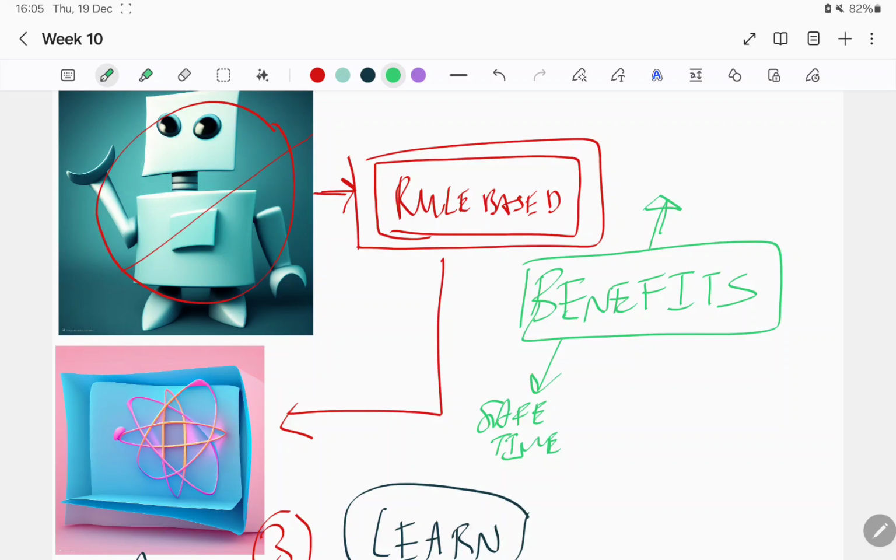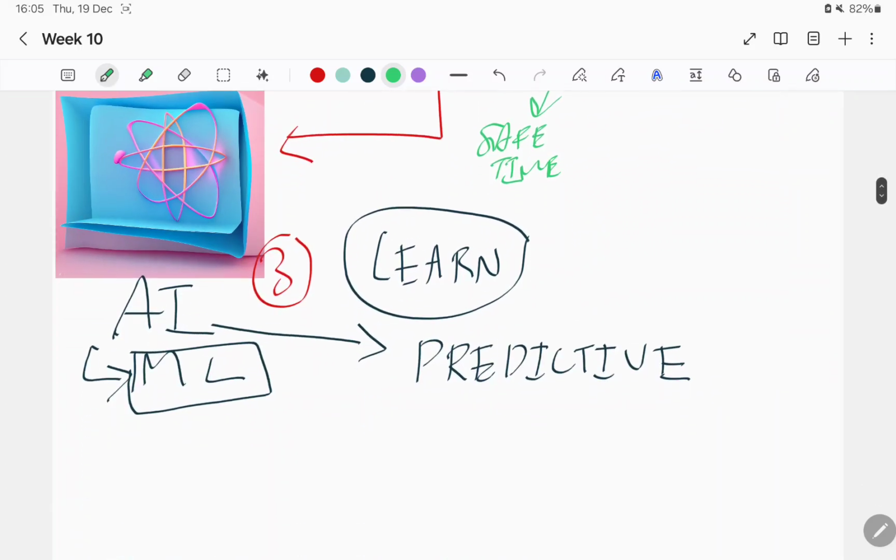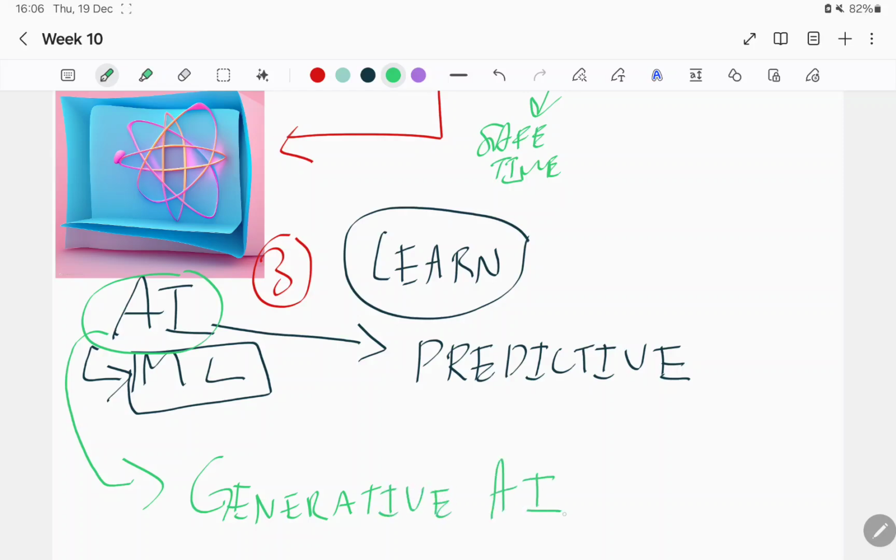ChatGPT, yes. Actually, ChatGPT is under AI. It is what we call generative AI. Generative AI is the AI that is used to prompt content to you.